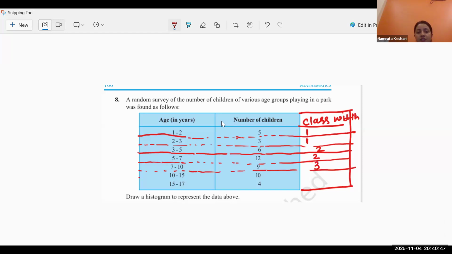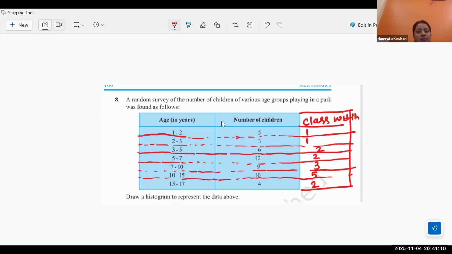Next, 15 minus 10, that is 5. Next one, 17 minus 15, 2. Right, this is the class width, right? Yes, ma'am. Which is varying.